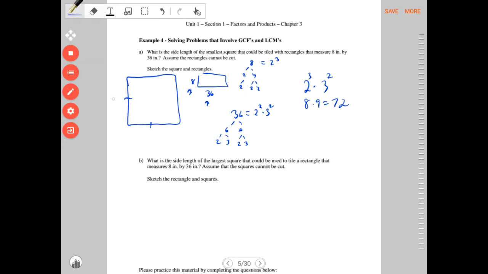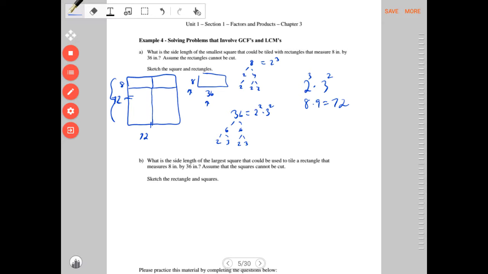So that means that I can tile an area of 72 inches by 72, and let's just draw that on here. 72 is 2 36s, and then 8 inches each, so 72 divided by 8 means I can get 9 tiles down, and that would make a square 72 by 72. So sketch the square and the rectangles. I think I've already drawn it too big.